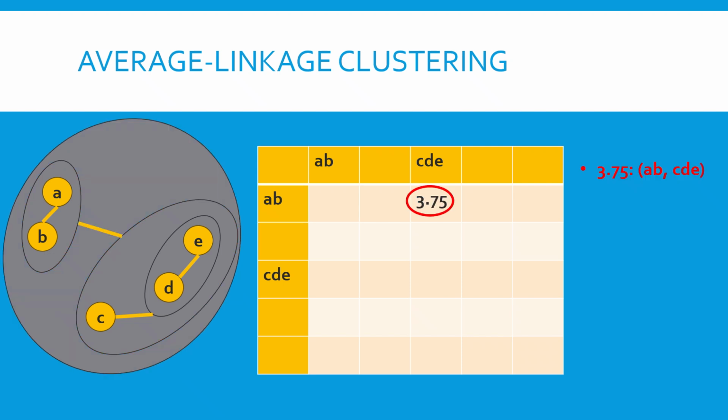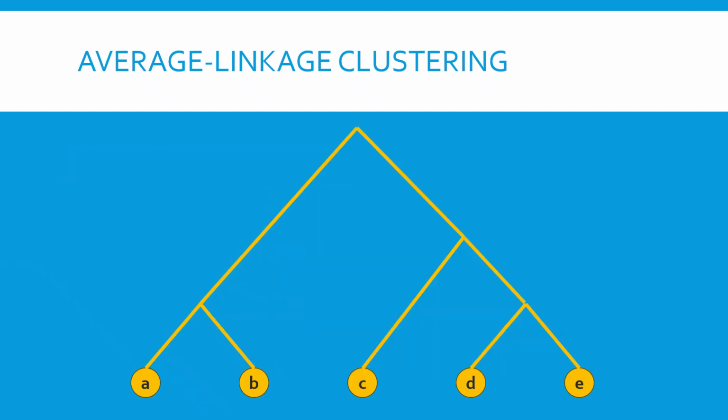Finally, we extract the next smallest spacing and merge the remaining clusters AB and CDE. The sequence of merges recorded during the process can then be used to reconstruct the dendrogram for the input objects A through E.